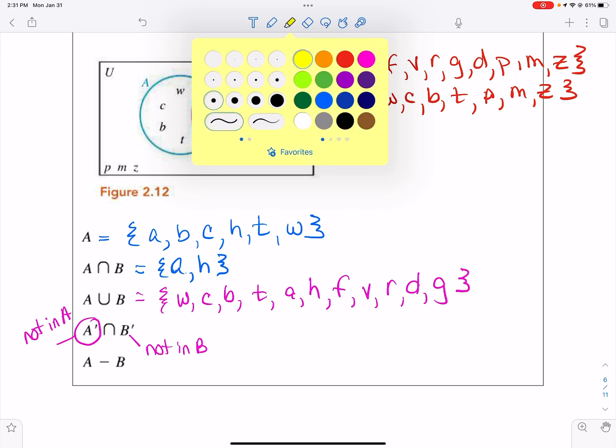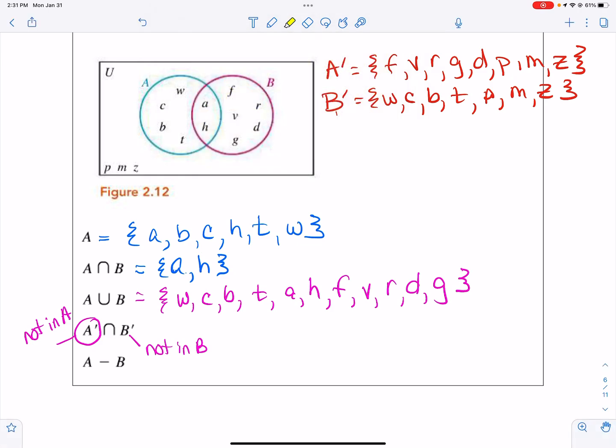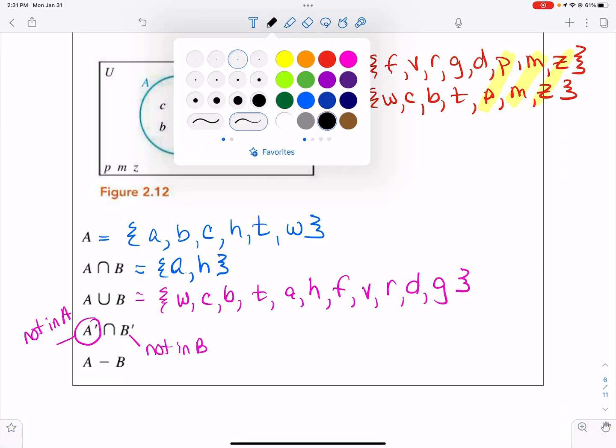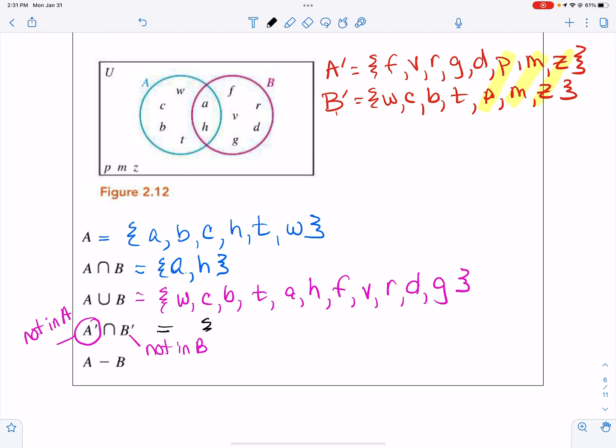If I look, they both have a P, they both have an M, and they both have a Z. And so that is going to be the set P, M, Z.